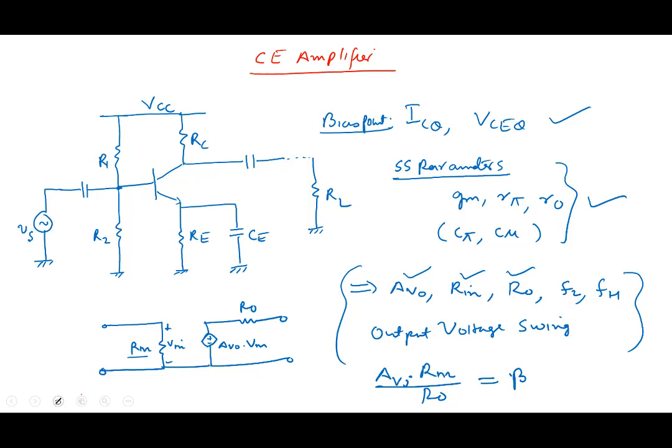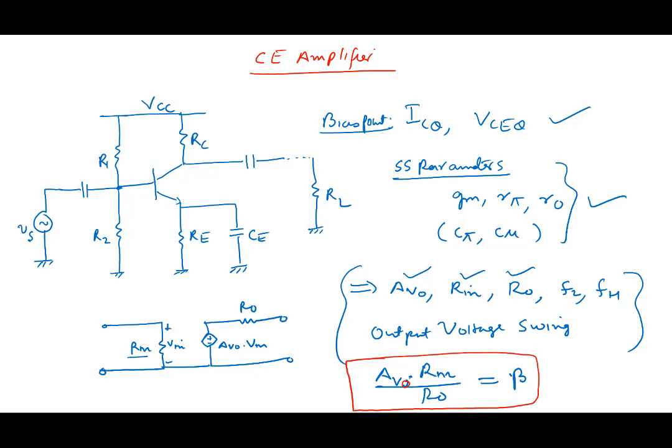This tells you the trade-offs that are there amongst the gain, input and output resistances here.